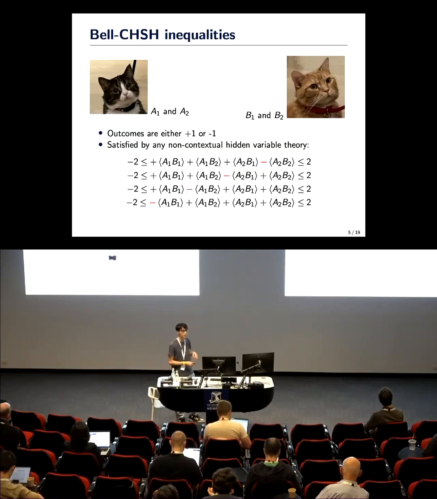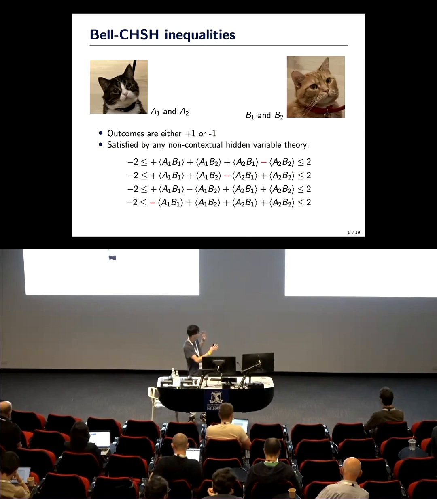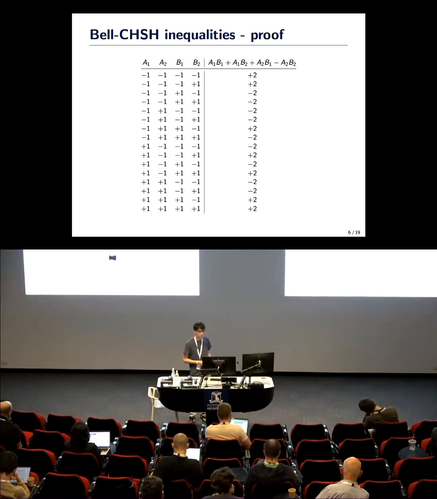The outcomes of the measurements of the observables will be either +1 or -1. And you can prove that a certain linear combination of the correlations satisfies these eight inequalities. The proof is quite straightforward.